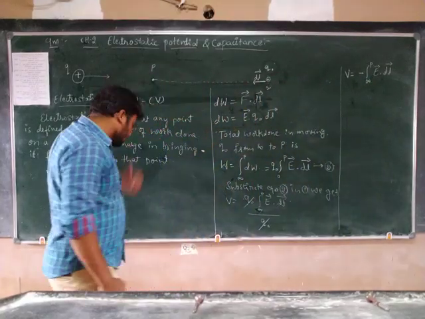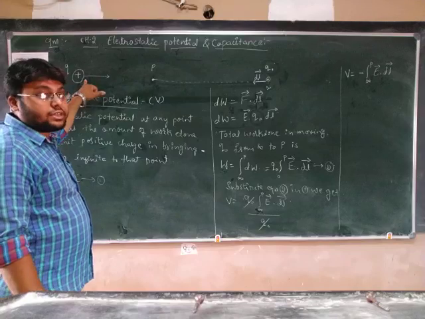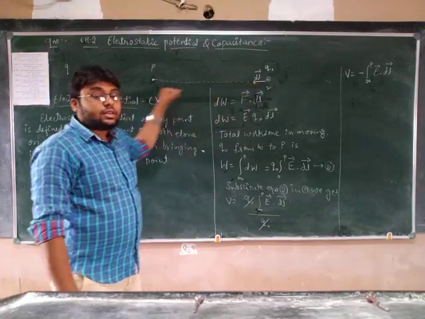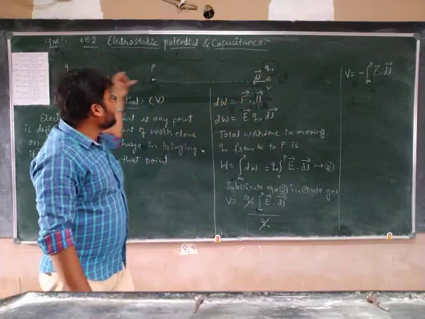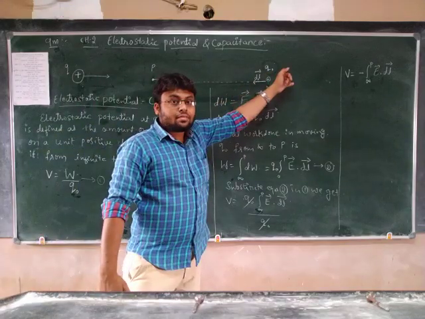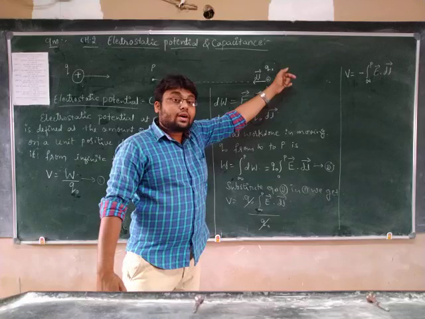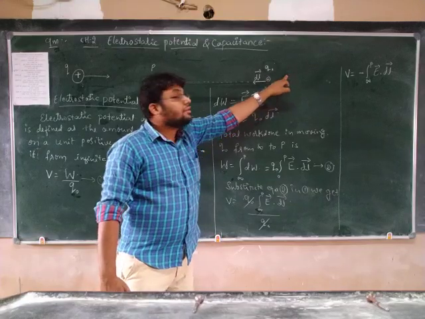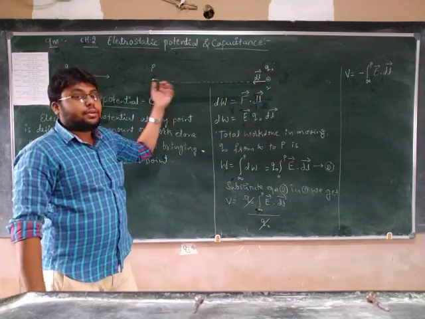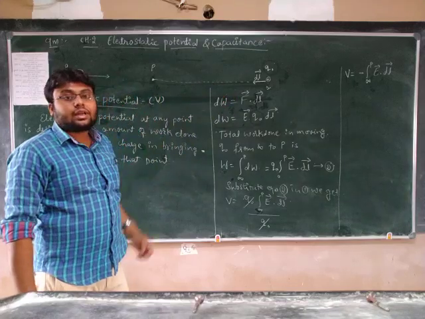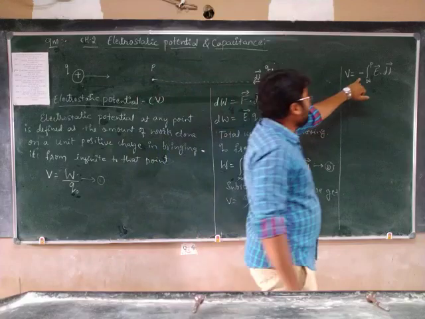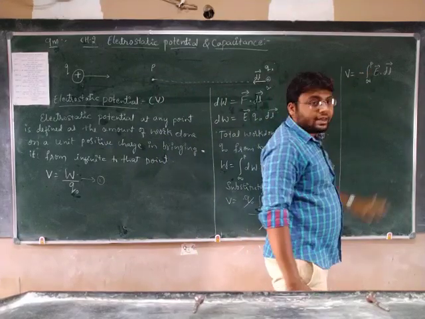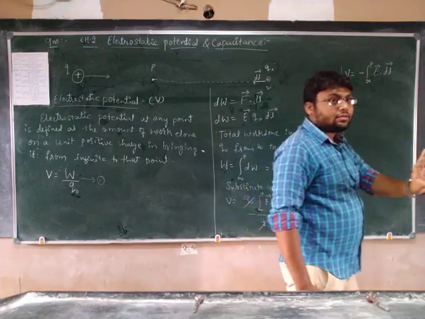How? Look here. Here also we have a positive charge, and the direction of the field is in this direction. But the work done is from infinity to P, which means it is opposite to the direction of the electric field. So that's why we have taken the minus symbol here.